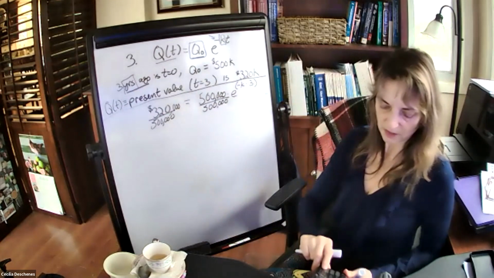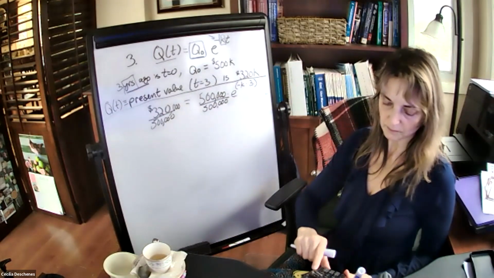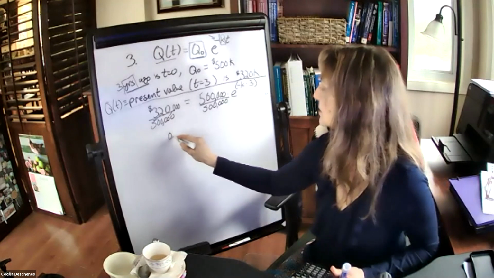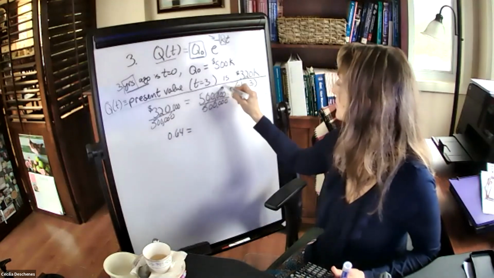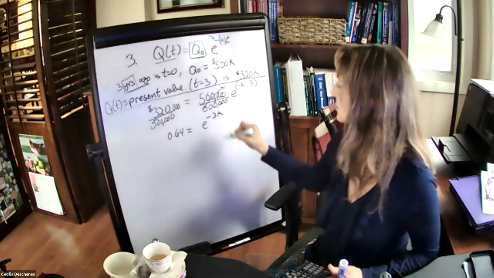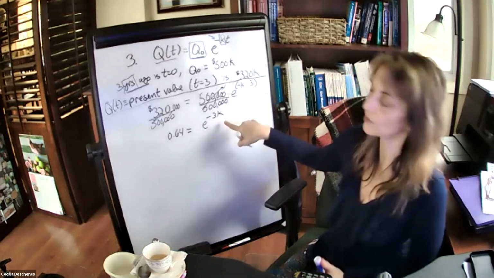All right, so just divide this on the left side, and you get that this is 0.64 is equal, this just goes to 1, right? 1 times this, e to the negative 3k. I'm going to just flip that around so we have it in the normal way we're used to looking at it.